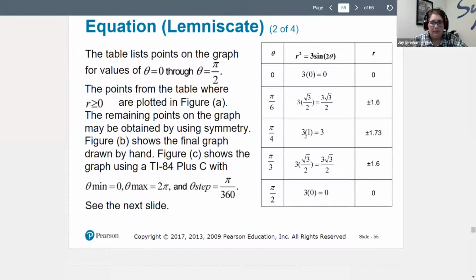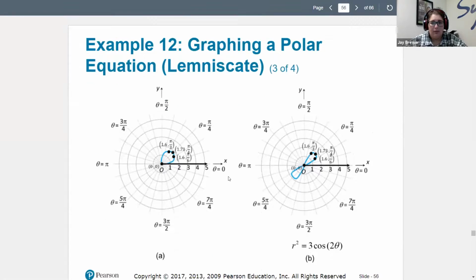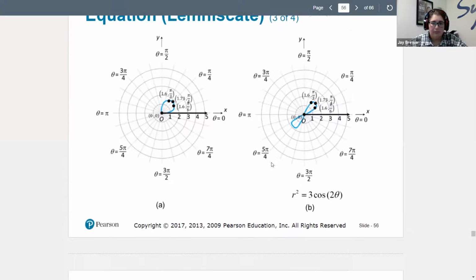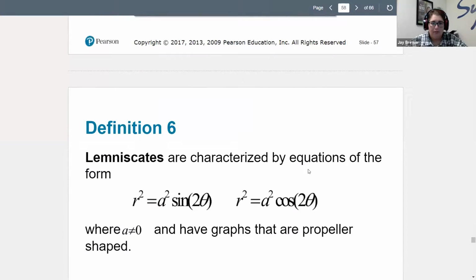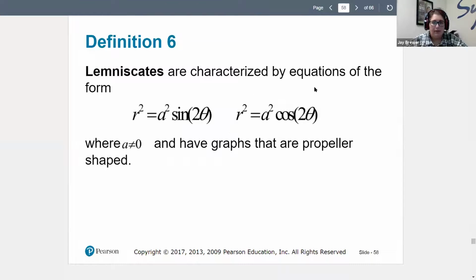They found their points and then they graphed it. So this is cute. It's kind of like a figure 8, a little bit. Yeah, figure 8. They are characterized by the form r squared equals a squared sine 2 theta and r squared equals a squared cosine 2 theta, where a cannot be 0, and have graphs that are propeller shaped.